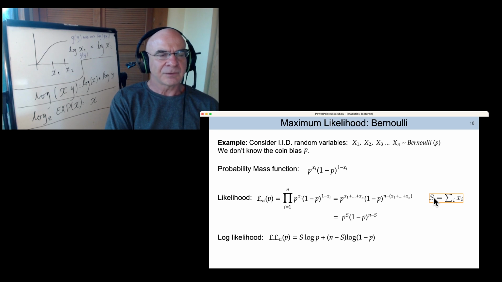In other words, write s equal to the sum of xi, that asks how many faces did I get in the whole experiment, and it will be p to the number of faces times 1 minus p to the power of n minus number of faces, namely the number of tails.